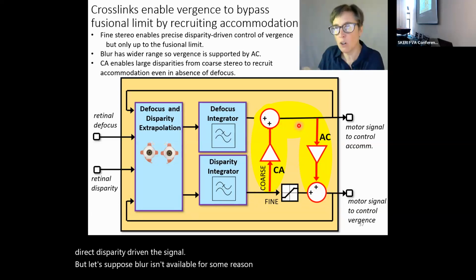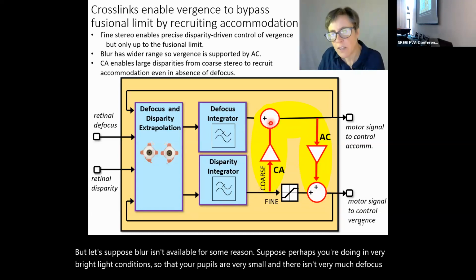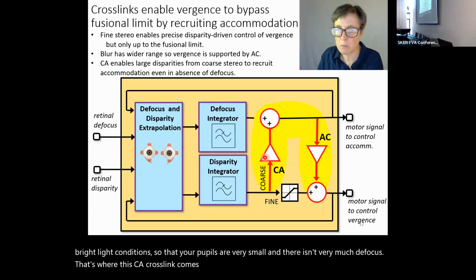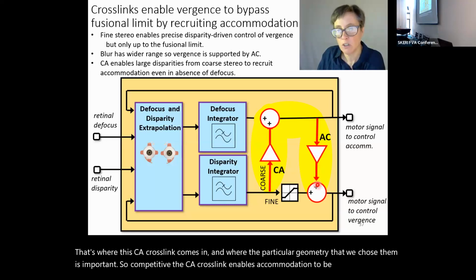Suppose perhaps you're viewing in very bright light conditions so that your pupils are very small and there isn't very much defocus. That's where this CA crosslink comes in, and where the particular geometry that we've chosen is important. The CA crosslink enables accommodation to be recruited to drive Vergence even in the absence of defocus.